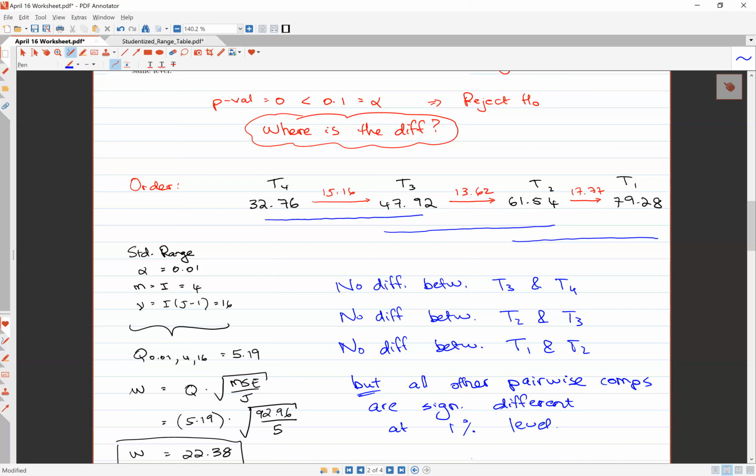Let's see what the question here is. And yes, so the question is whether the blue line is a visual representation of the range. That's what it's trying to get at.